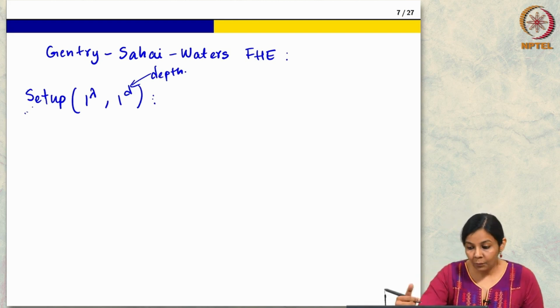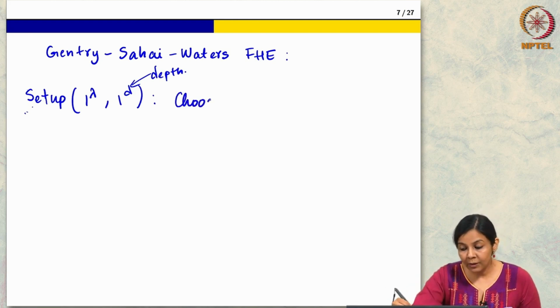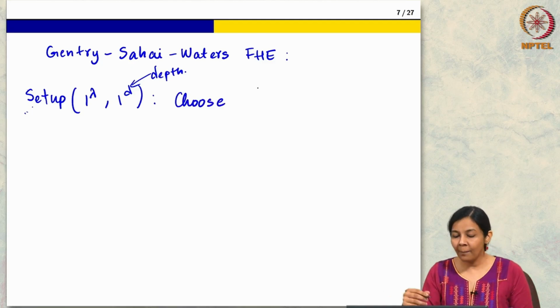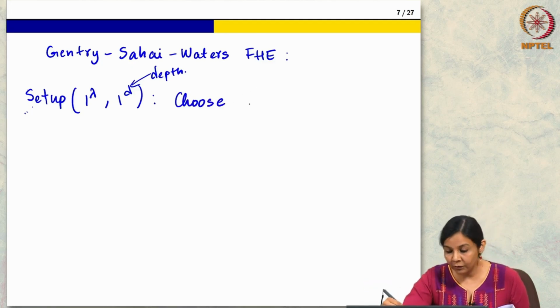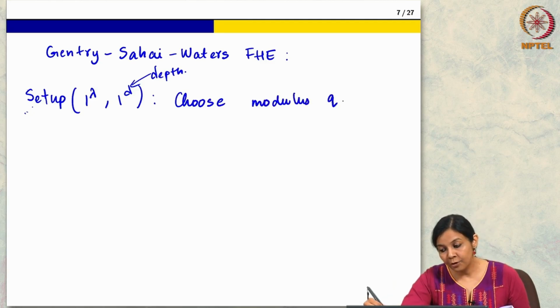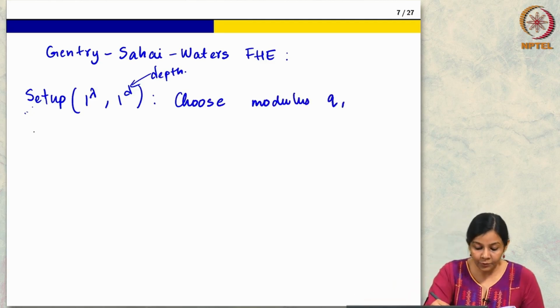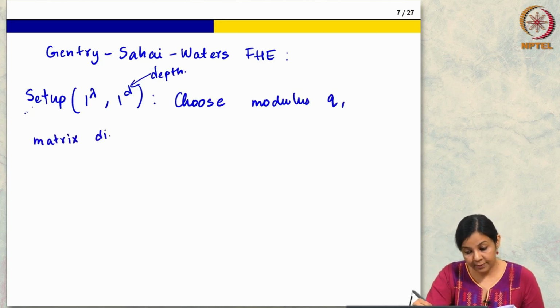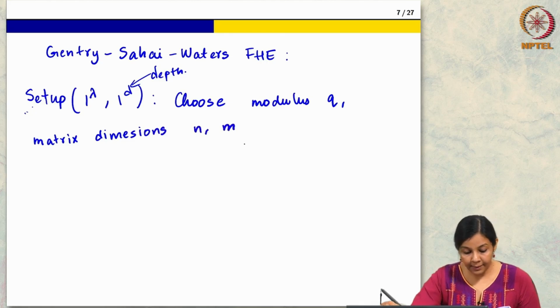So, what this will do is it will choose the basic public parameter. So, it will choose a modulus Q, it will choose matrix dimensions n and m, right.